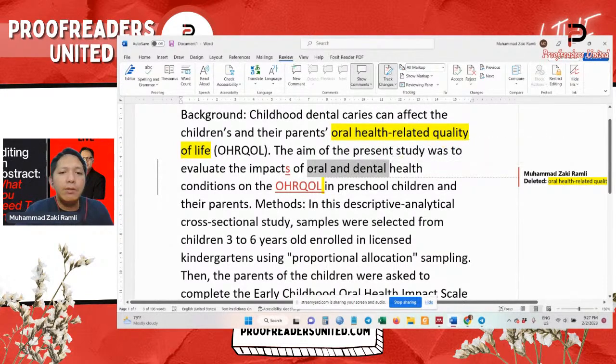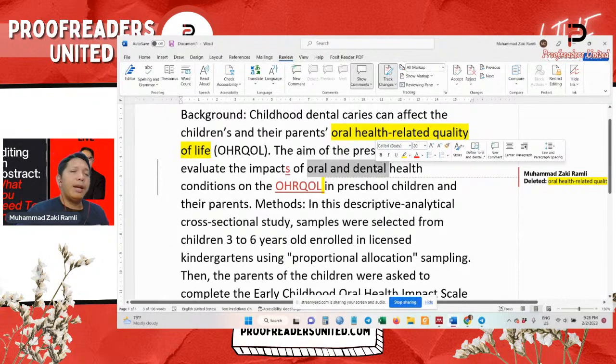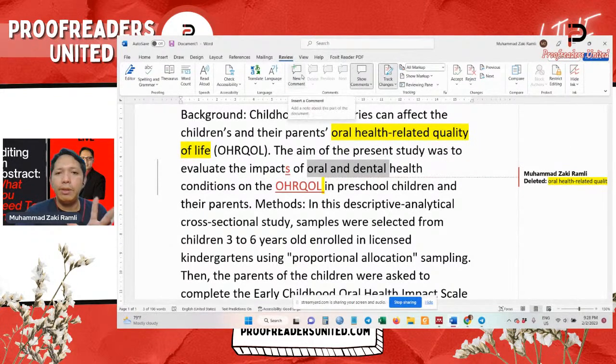Why don't we just focus on either one? Because usually when we talk about oral health, we are also talking about dental health. But yeah, just leave it like that. This is more about the content issue, but we can always highlight it.